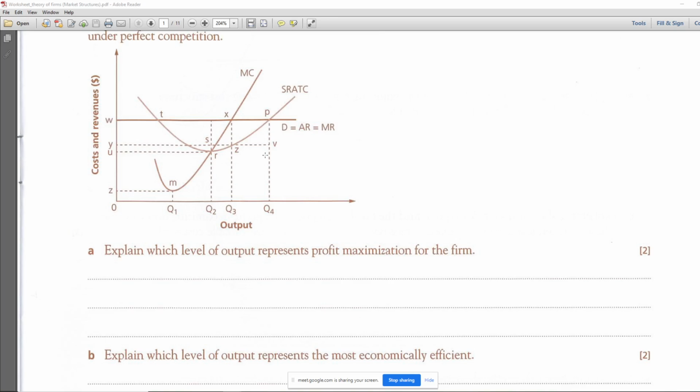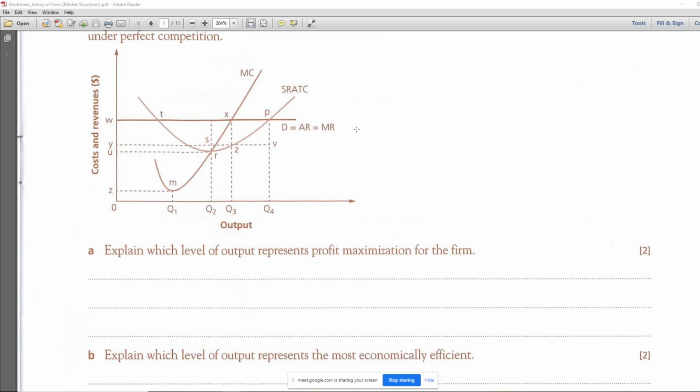You see here, right now the price is over here at W. When we are using the profit maximizing output, we know that when MC equals MB, which is your demand, then you will find allocative efficiency, because that's the point where the resources are being allocated efficiently in the society.